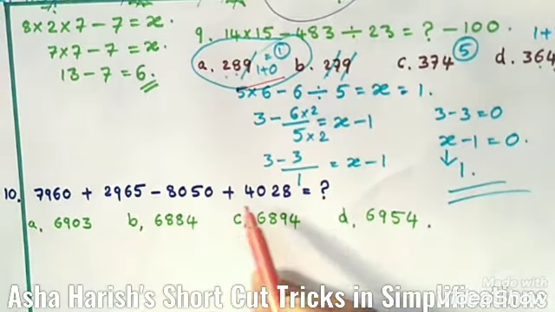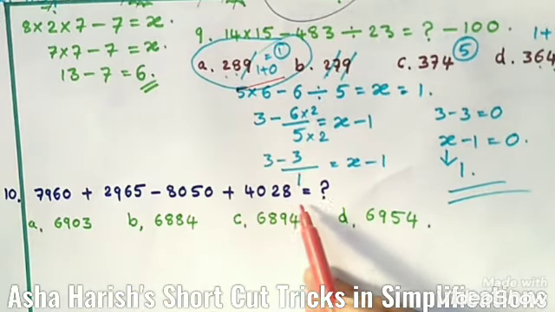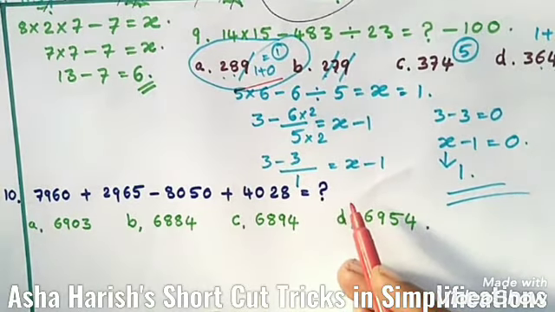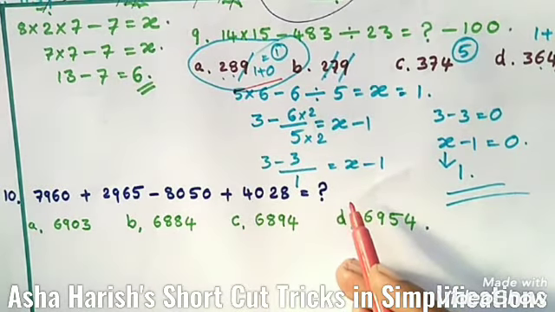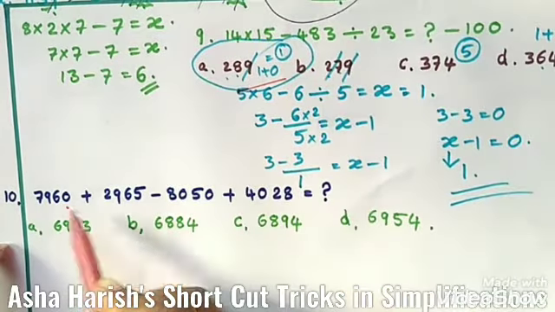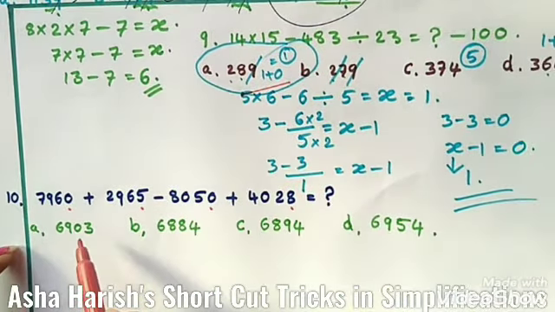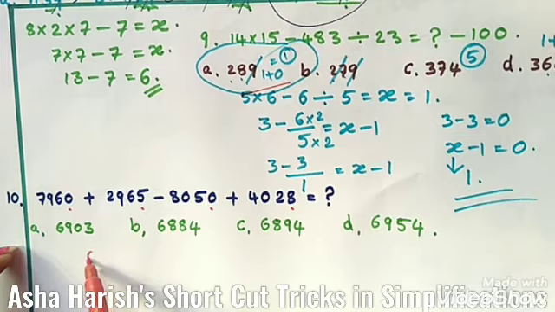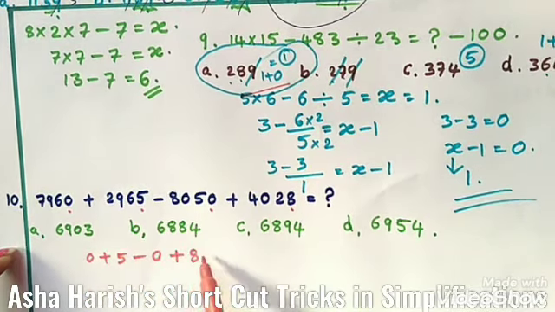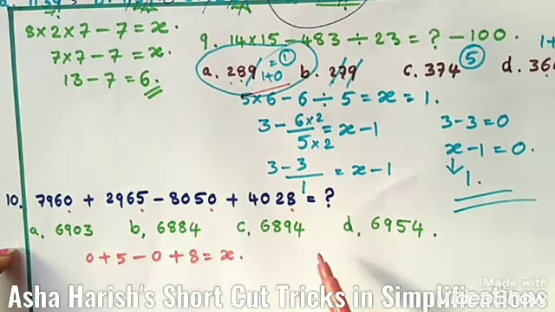7960 plus 2965 minus 8050 plus 4028 is equal to how much? Okay. Now, as a first step, if you observe the units place, here 0, here 5, here 0, here 8. Simply 0 plus 5 minus 0 plus 8 is equal to x.